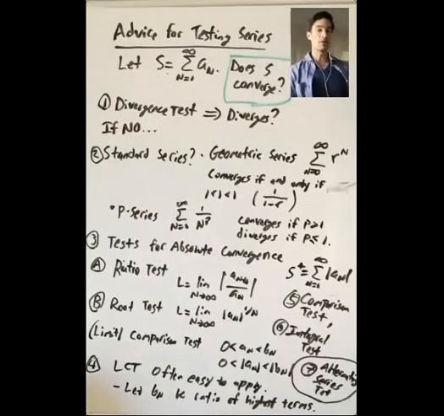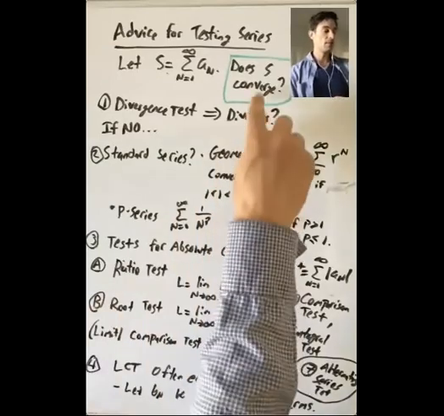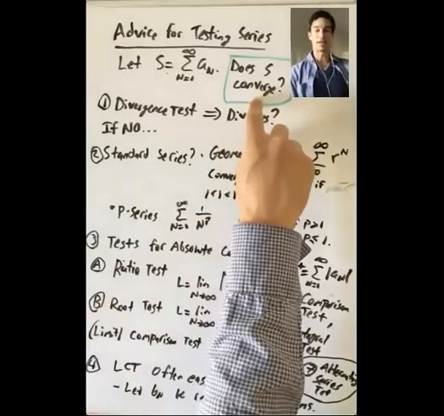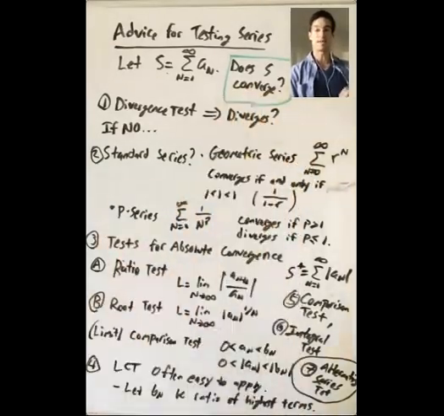So I'm going to pause and erase, and I'm going to talk about one extra little issue, which is that sometimes you're not just asked whether S converges, but you're also asked to give the value of S. You're told that it's going to converge, and what is the value it converges to? That really only comes up in a few special examples, so I want to talk about those first.